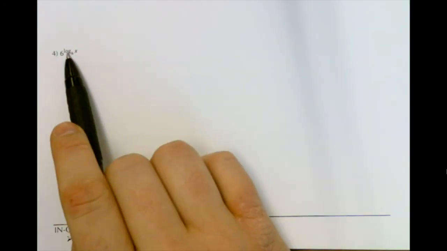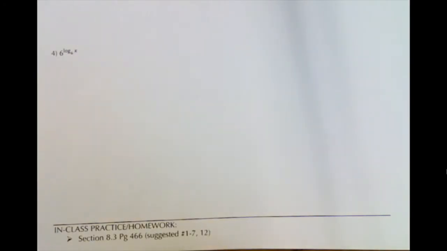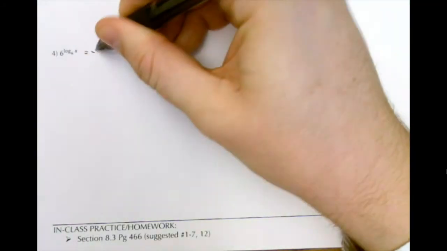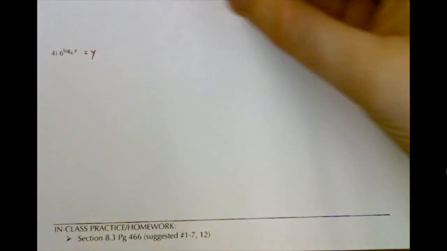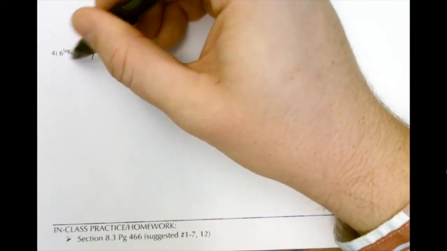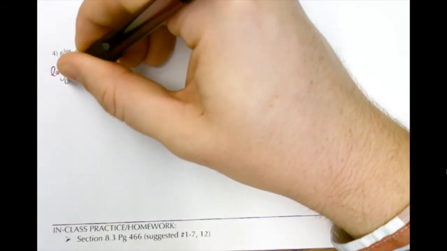For the fourth common property, that's when we have a power with an exponent that has a logarithm with the same base as our power. So again, if I try to evaluate it as a logarithm, or rewrite it as a log, I'm going to set this equal to y, again not using x because it's on the left side. And if I rewrote that as a logarithm, that would be the log base 6 of y gives us this exponent, which is log of x base 6.